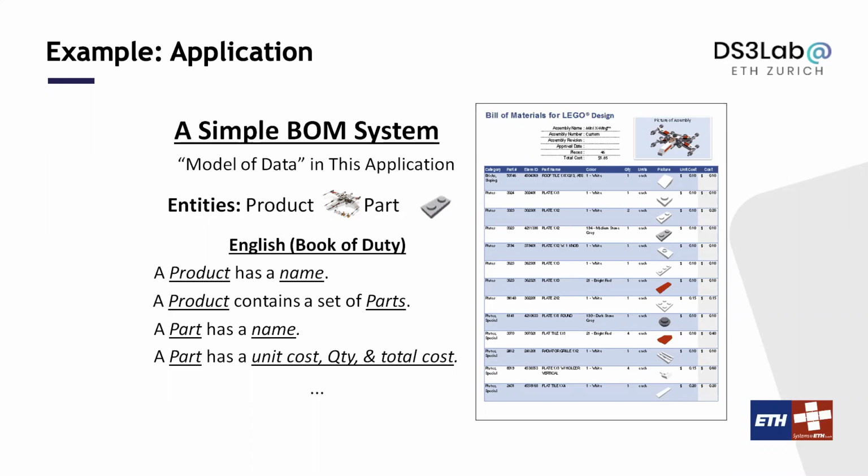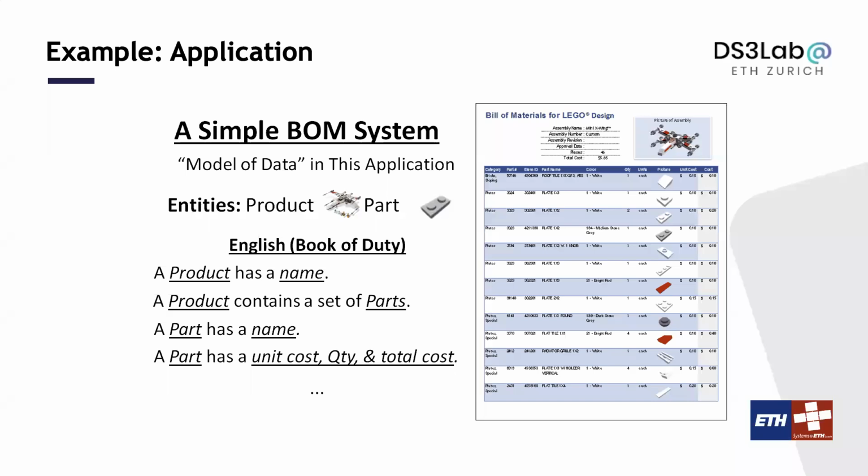For each part, I have a whole bunch of attributes: the name of the part, the picture of the part, the quantity, and so on and so forth. So as a user, when you try to build this application, you can always describe this application in natural language.